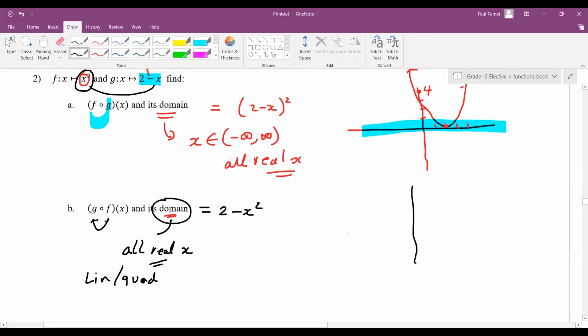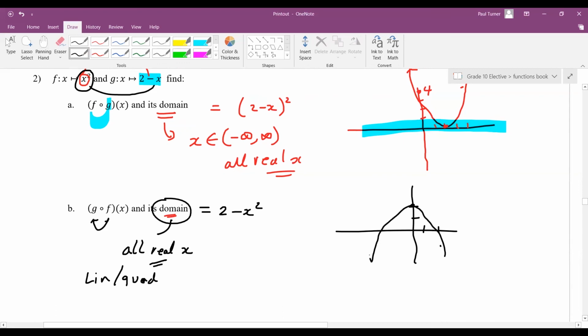For your graph, when x is 0, y is 2. When x is 2, 2 minus 2, so it's going to be down.